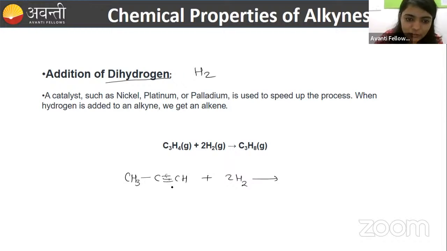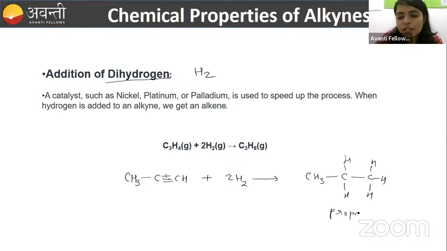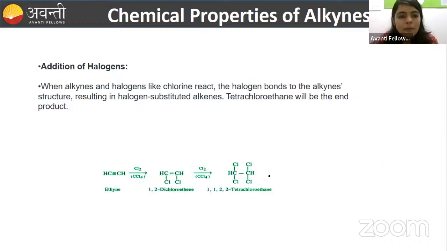This will break these two bonds and add, and we will get C3H8, which is our propane, we have studied in the chapter alkanes. So we can get a saturated compound from an unsaturated compound by addition of H2 gas in presence of Ni, Pt or Pd.